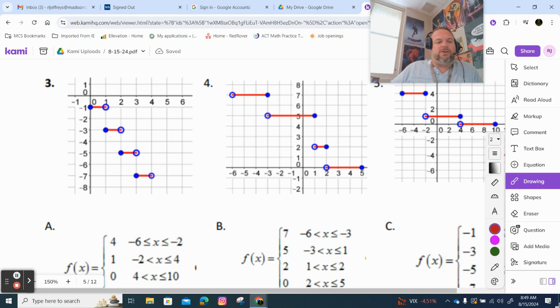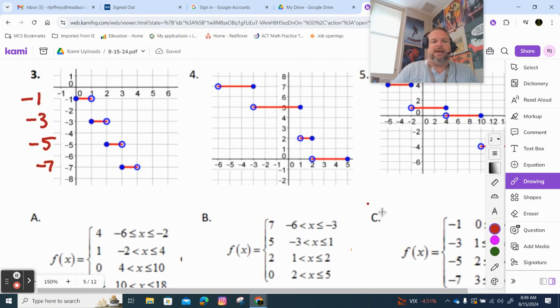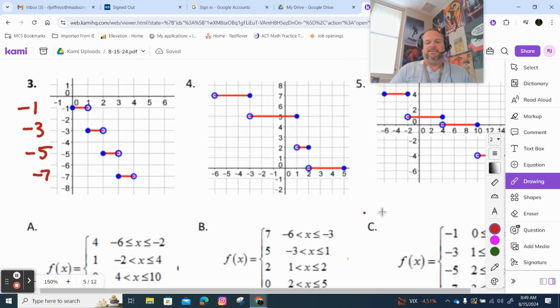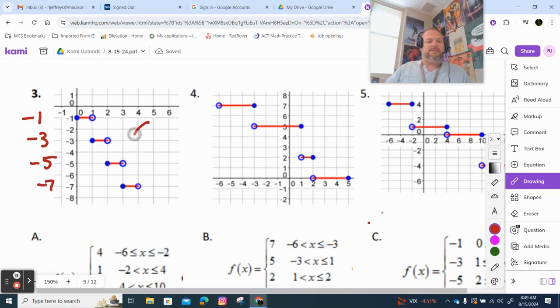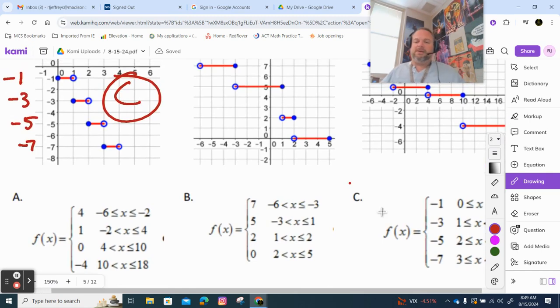Our y values right here are -1, -3, -5, and -7. Which of these functions written down here has all that? C. So C matches with that because look, there's our y values.